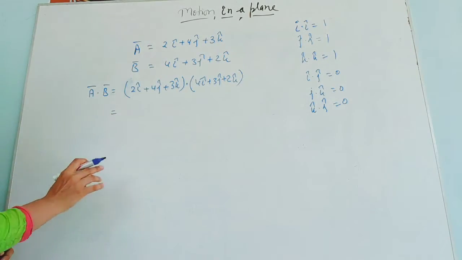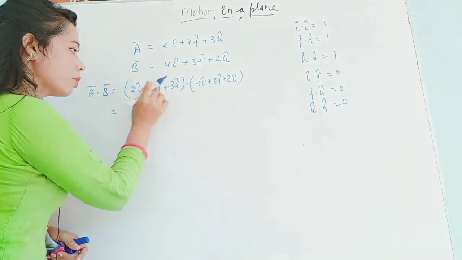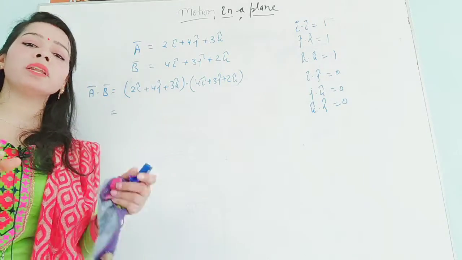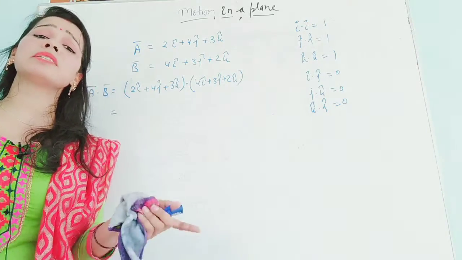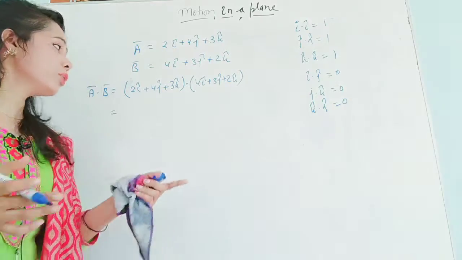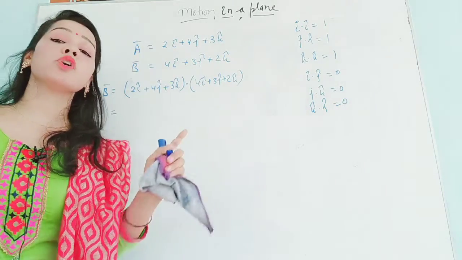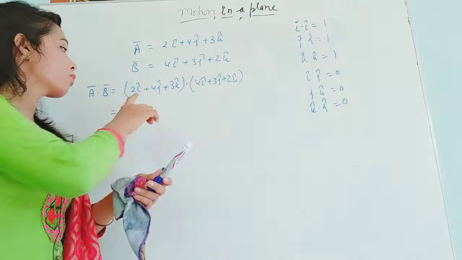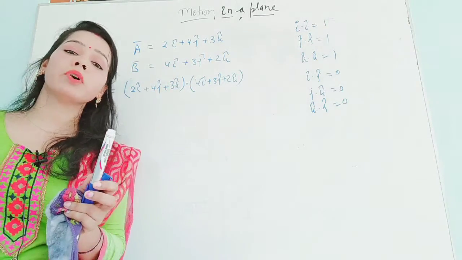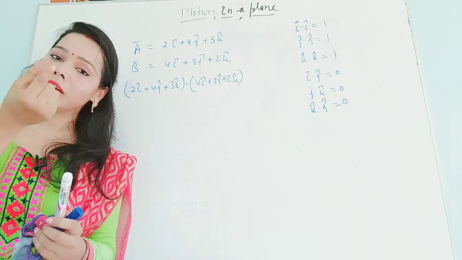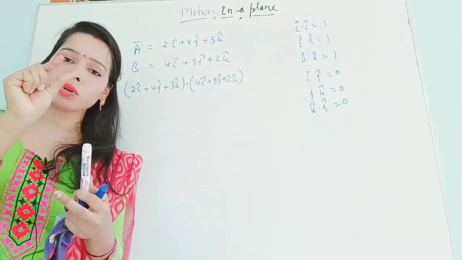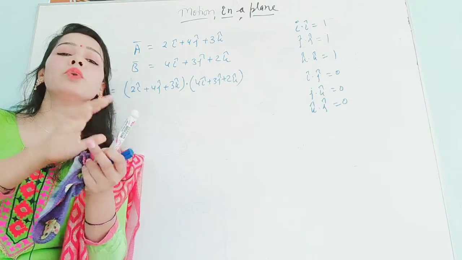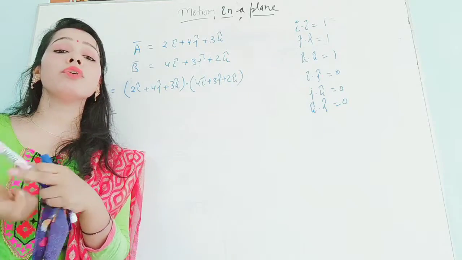First of all, we will simply multiply the coefficients, and after that you will find the dot product of the unit vectors, because dot product generally happens between two vectors. 4 and 2 are not vectors, those are scalar values, magnitude values only. So the coefficients will be multiplied, and only then you will find the dot product of the vectors.